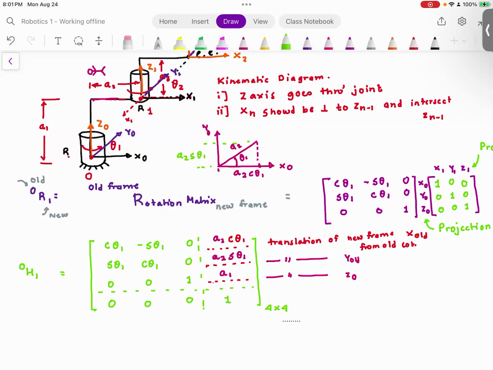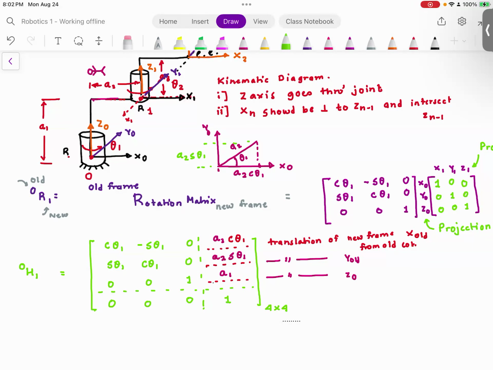So you are looking from top, and you will always write that distance in the old coordinate frame. Even though you are trying to find the distance between frame 0 and frame 1, that distance needs to be expressed in the coordinate frame of x0, y0, and z0. Everyone understood this? That one always will stay 1.